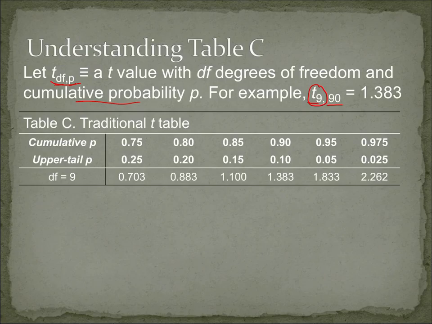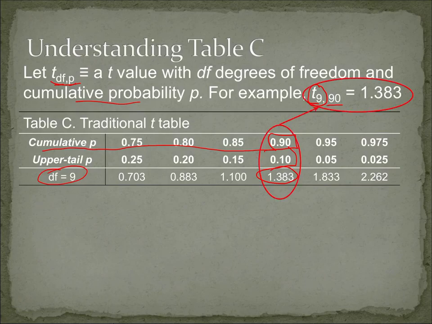When you look that up, you go to the table, find your degrees of freedom 9, find your cumulative probability 0.90, and where those meet is where you will find your t-value of 1.383.